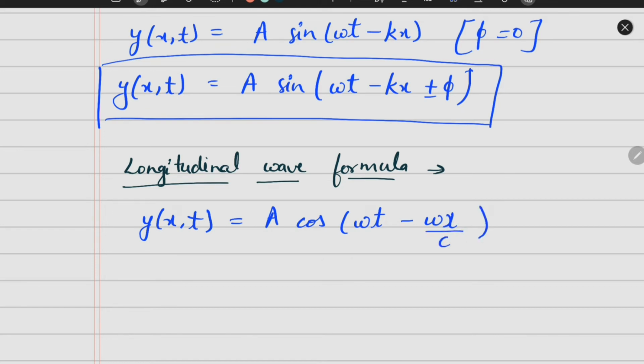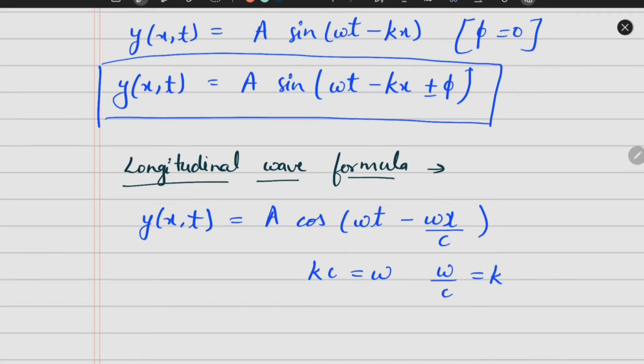We know that k times velocity is equal to omega, so omega upon c is equal to k, we have discussed now.